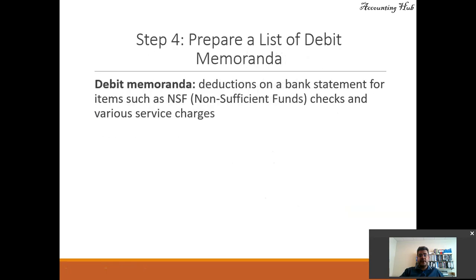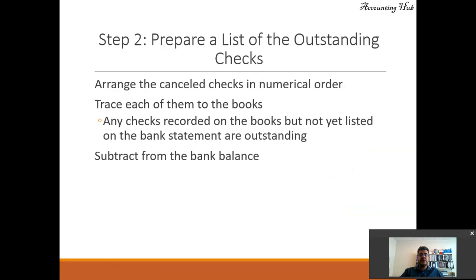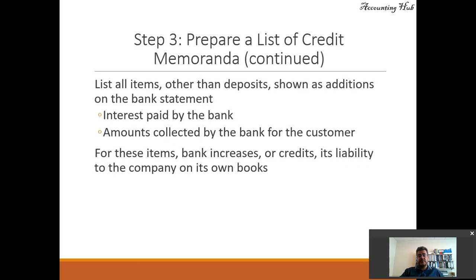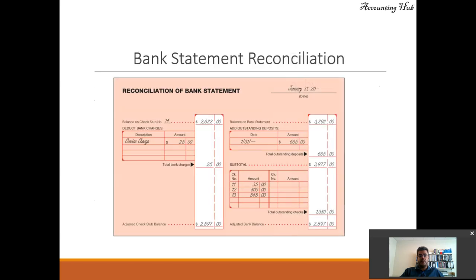If you remember, it is this one, the list of outstanding checks. They are here. So we will subtract them. 2,597, almost. However, there is a bank charge, service charge, maintenance fee, or whatever, $25. So we will subtract it from our check stub. So now the numbers are matching.